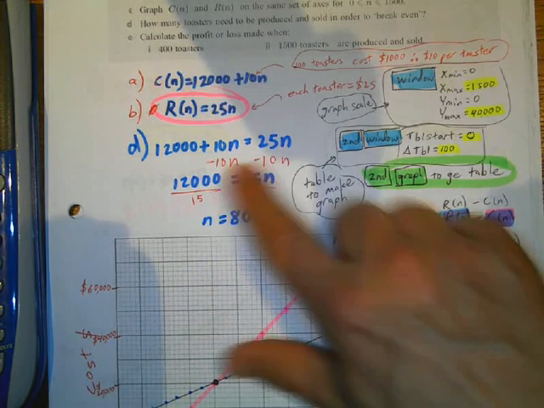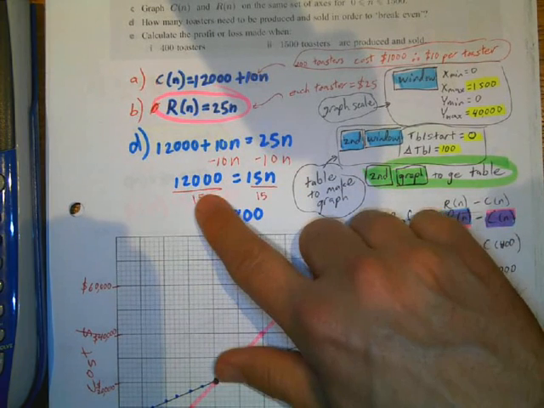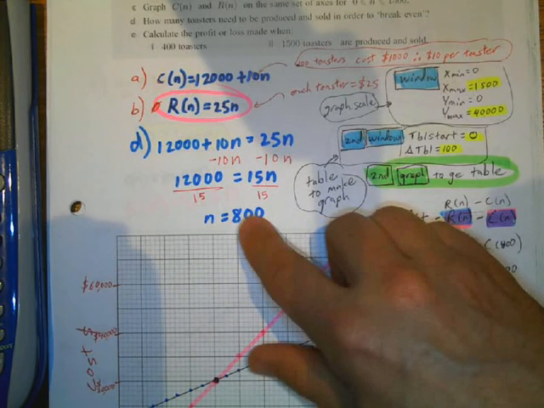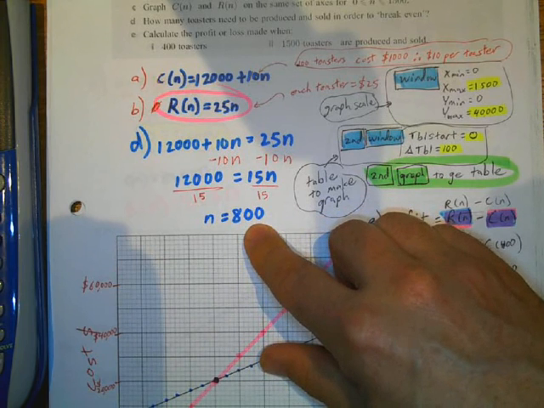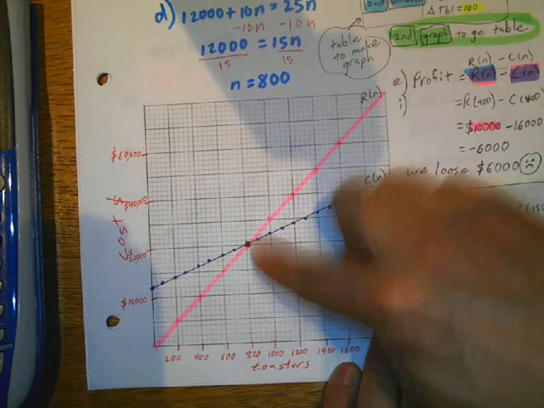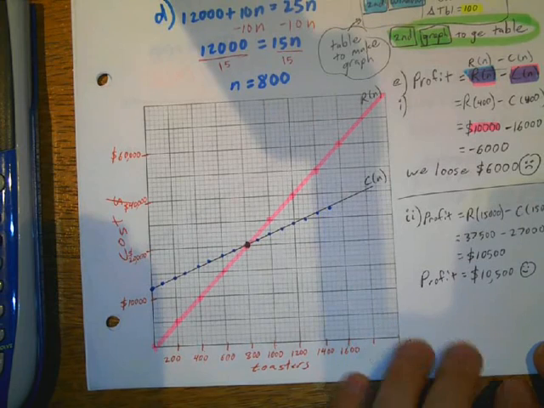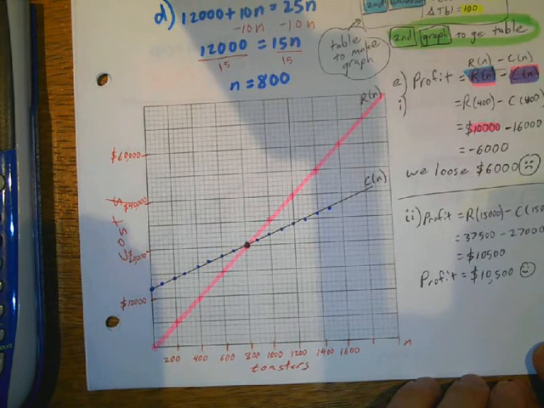If I subtract 10n on both sides, I get 12,000 equals 15n. Divide both sides by 15, and I get n equals 800. And you can see on my graph that this is going to intersect here at 800. You might want to hit pause if you need to copy this down.